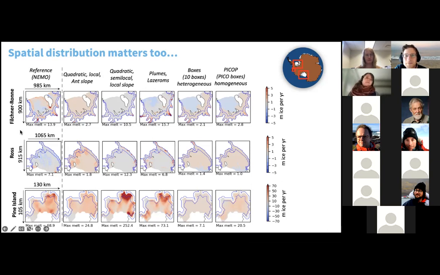I think the most important difference, in my opinion, is that maybe I shouldn't show Filchner, Ronne, and Ross as examples, because these are the most tricky ones. I put just one averaged profile, averaged over this whole region, into this, and I hope that it will do magic and produce my melts. But in Filchner, Ronne, and Ross, there is circulation.